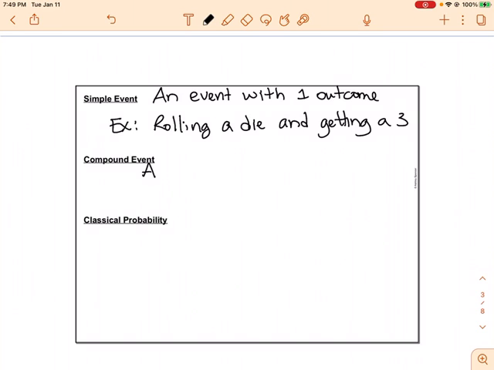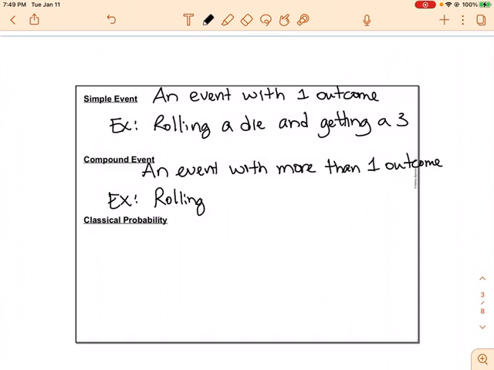Compound is an event with more than 1. Example could be rolling a die, a single die, and getting an even number. Right, so that could be 2, 4, or 6.